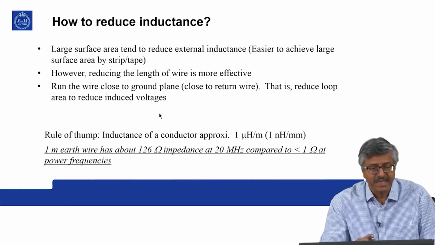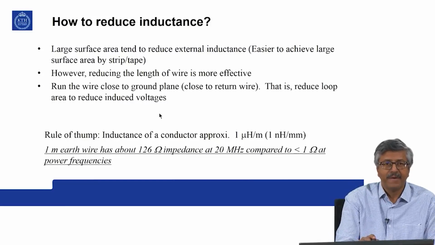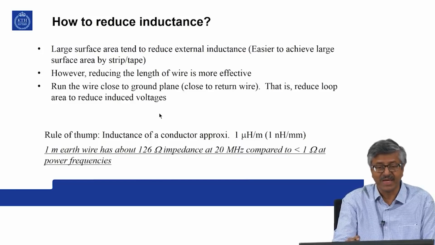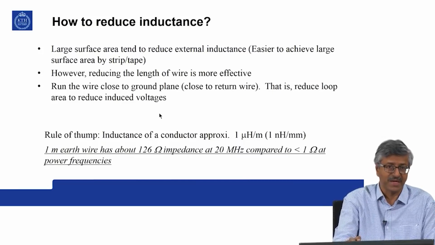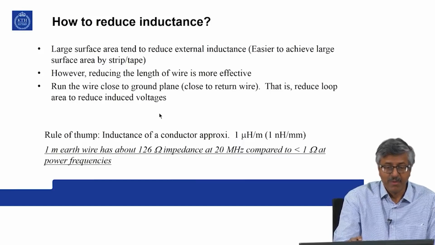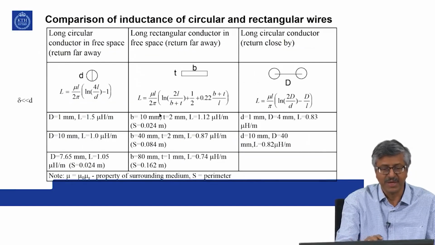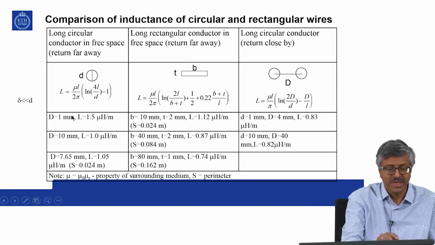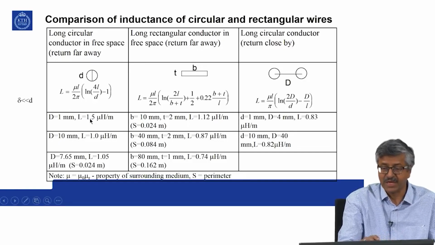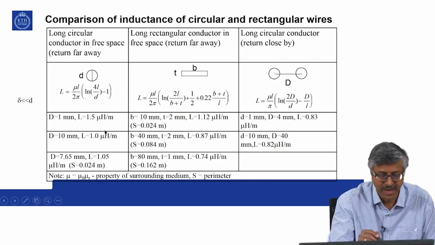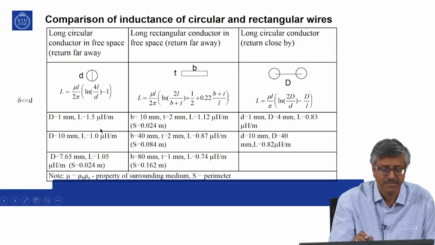Then how to reduce inductance? As we have seen before, large surface area tends to reduce external inductance, and it is easier to achieve large surface area by strips or tapes rather than round conductors. However, reducing the length of the wire is more effective. So, here you have seen that by increasing the diameter to 10 for increasing the surface area, you achieve a reduction of only 0.5 microhenry per meter.